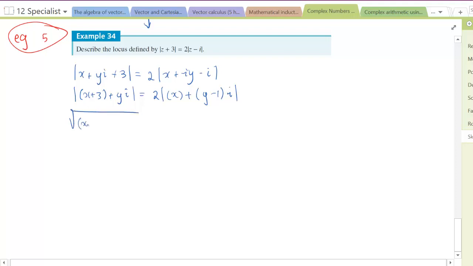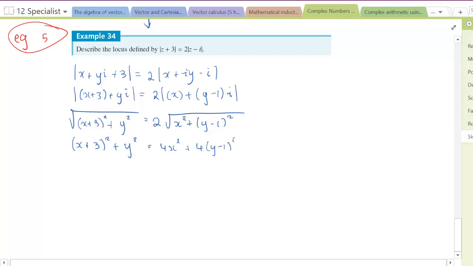So we've got x plus 3 plus yi, and we've got 2 lots of x in the real and y take 1 in the imaginary. So we have the square root of x plus 3 all squared plus y squared, and we have 2 lots of the square root of x squared plus y take 1 all squared. If we square both sides, now we have x plus 3 all squared plus y squared, and we have 2 squared, which is 4 lots of x squared, and 4 lots of y take 1 all squared.